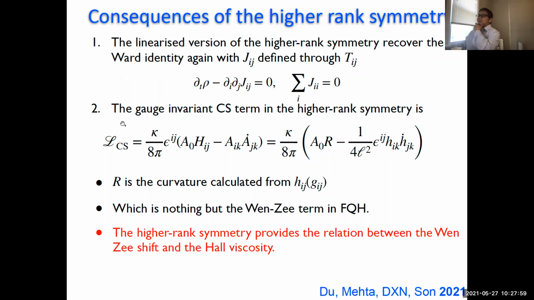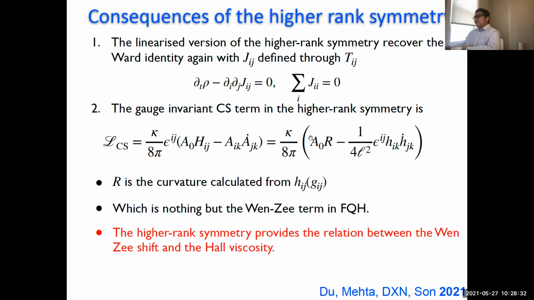Furthermore, because of the high rank gauge transformation, we have the explicit form of the gauge invariant Chern-Simons term in the higher rank symmetry, which has this form. Now, if we rewrite the higher rank magnetic field and the A_ij in terms of the matrix through the previous definition, we see that this Chern-Simons term is nothing but the Wen-Zee term in fractional quantum Hall.